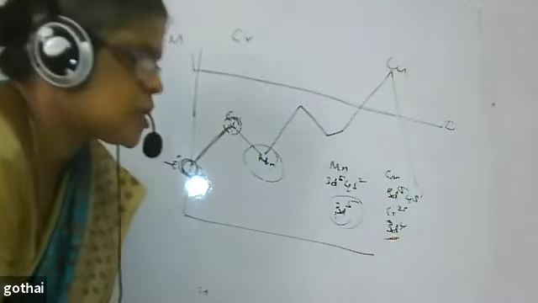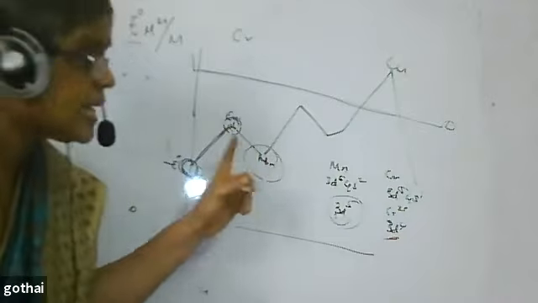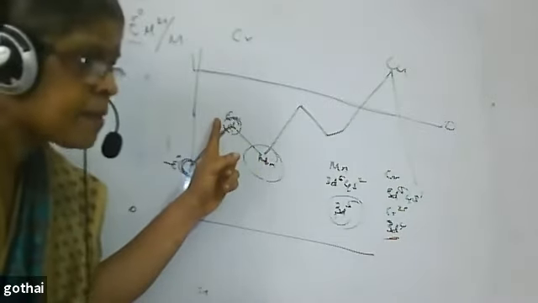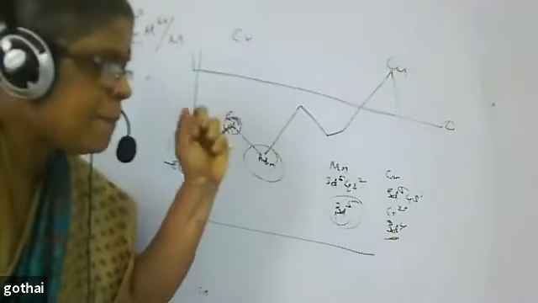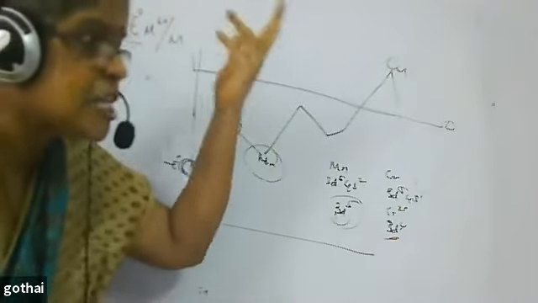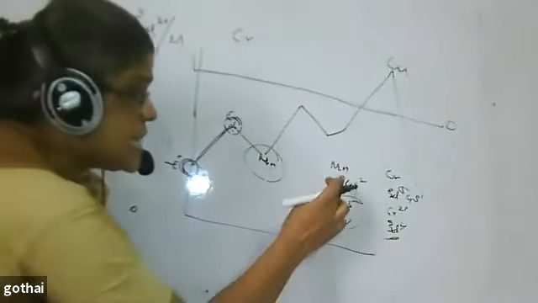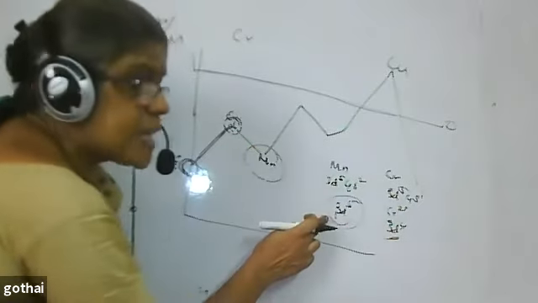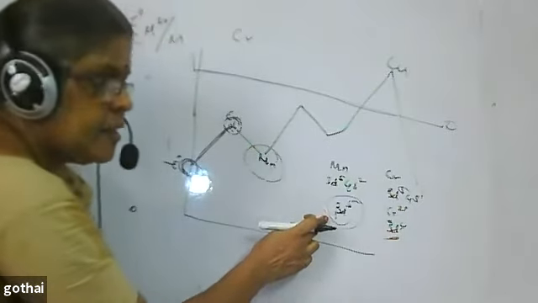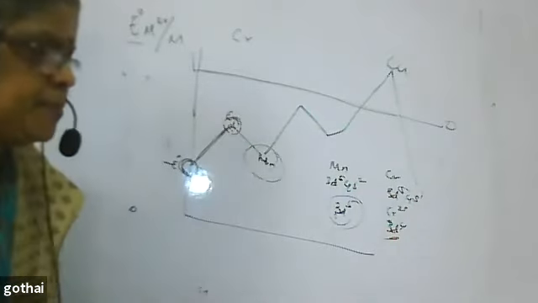I'm comparing chromium and after chromium, manganese comes. Manganese is smaller in size, so I expect the manganese E0 value should be higher. But we find that the E0 value of manganese is lesser than chromium. Why? It's ready to lose electrons to attain a stable half-filled configuration. So the Mn value is lesser than chromium.